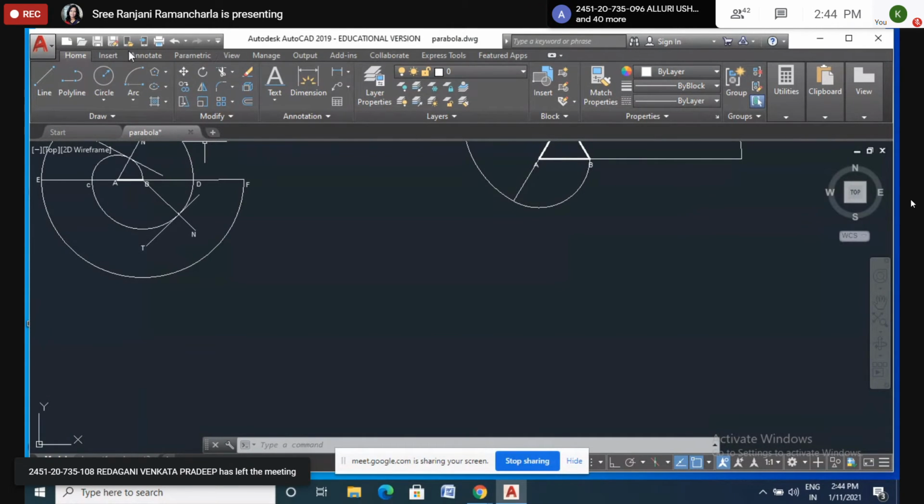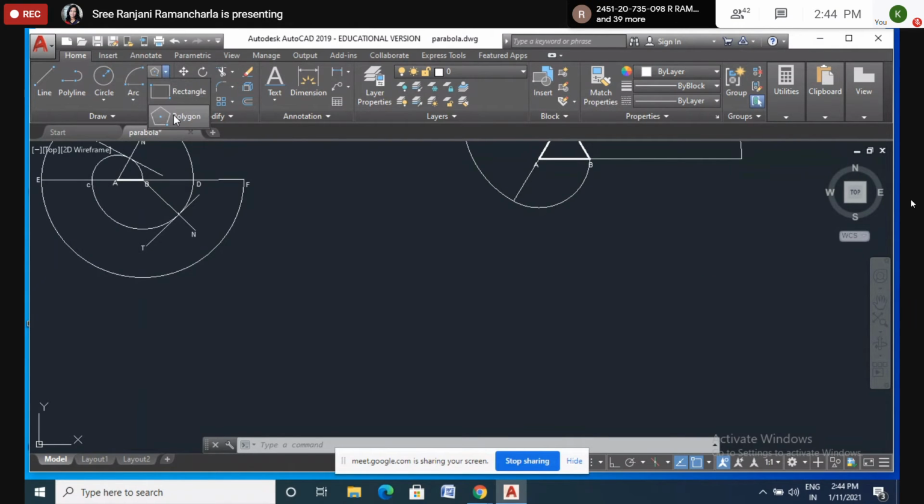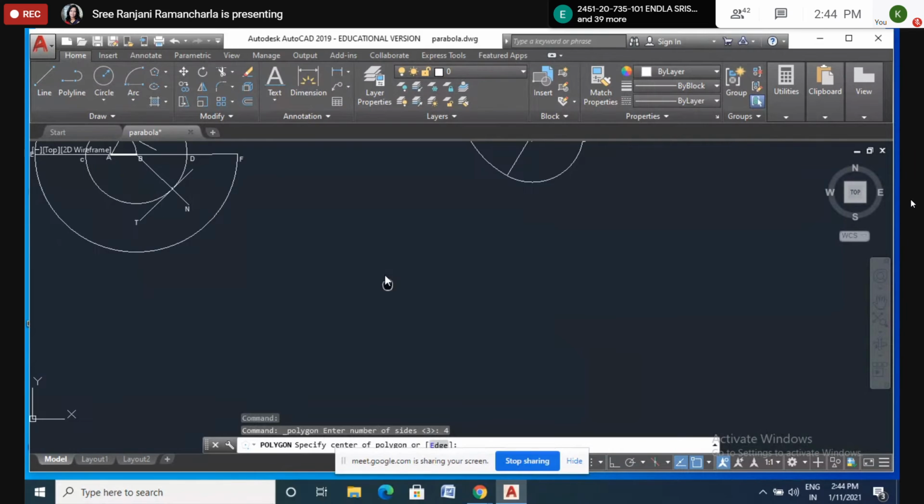So here I want to take a square polygon. You know how to draw the square, so no need to show how to draw it. 4 sides, Enter. Now somewhere here I will show.